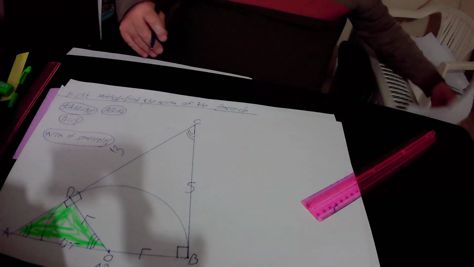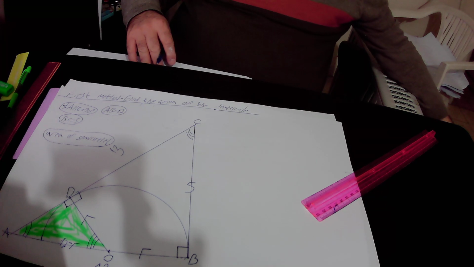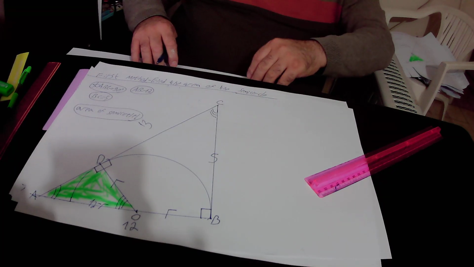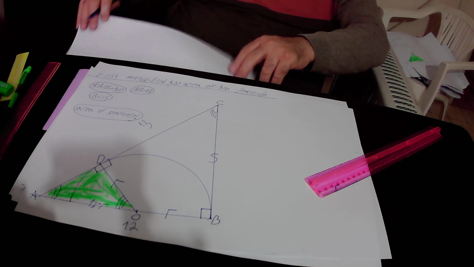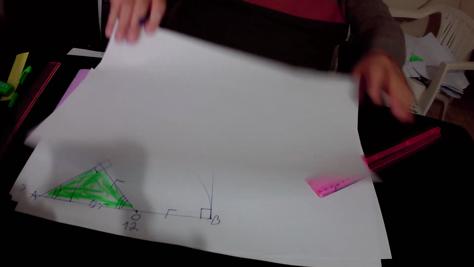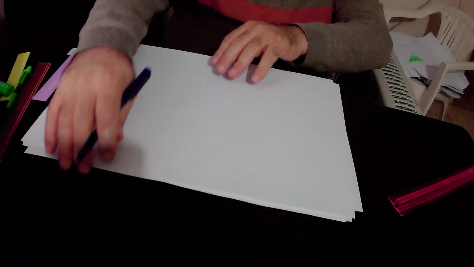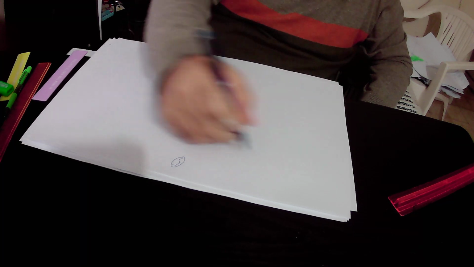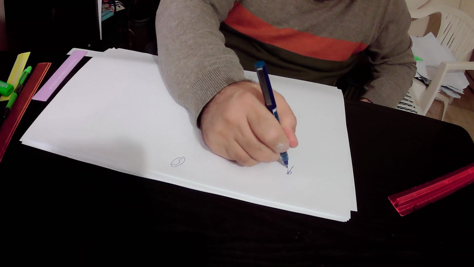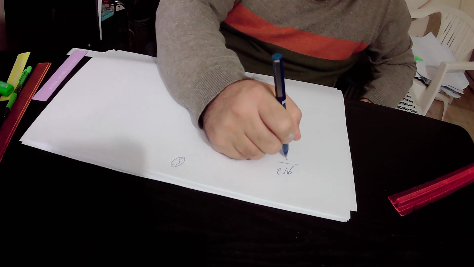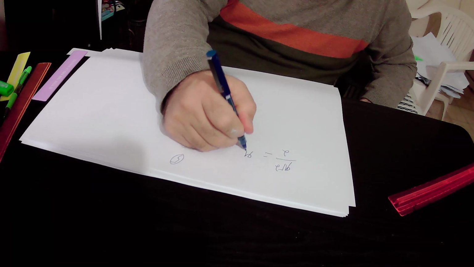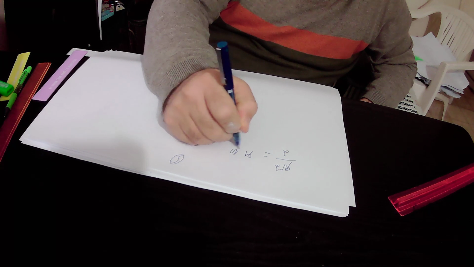And the area of the semicircle is equal to pi r squared over 2. I'll repeat again. The area of the semicircle is equal to pi r squared over 2. So it is pi, and r is 10 over 3.